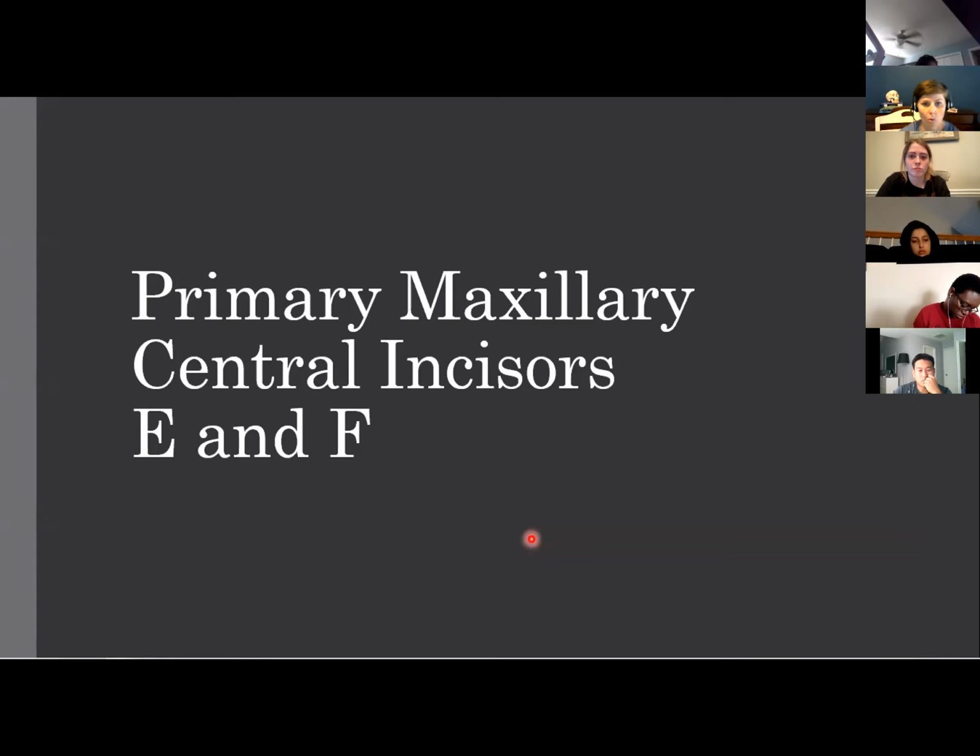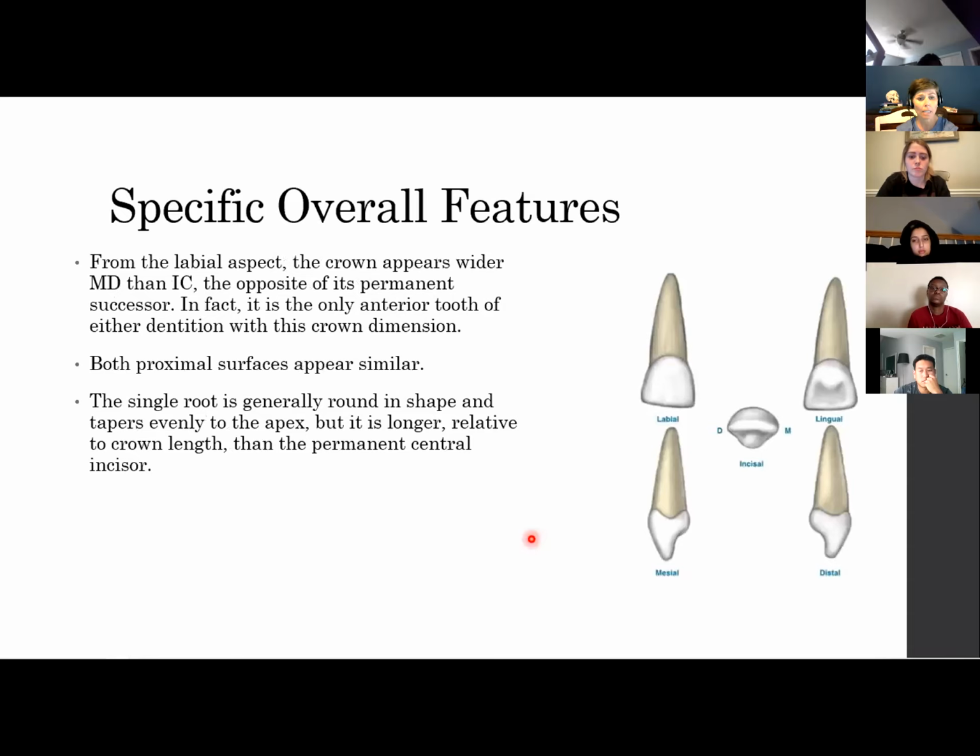All right, so the quick rundown of the primary teeth. So we have our primary maxillary central incisors. These are letters E and F. From the labial aspect, the crown appears wider from mesial to distal than it is incisal to cervical, the opposite of its permanent successor.